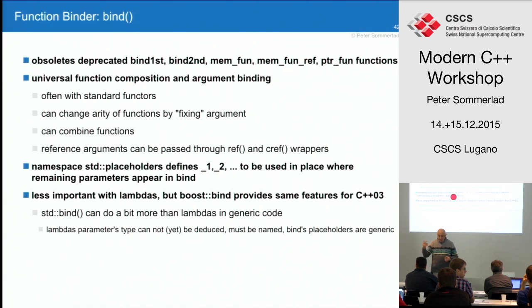Now, function binders: you can change the arity, you can combine functions, and if you have a function that requires a reference, like a stream object, for example, that you can only pass by reference, there are additional wrappers called ref and cref to actually construct a copyable type that underneath holds the reference of the underlying variable.